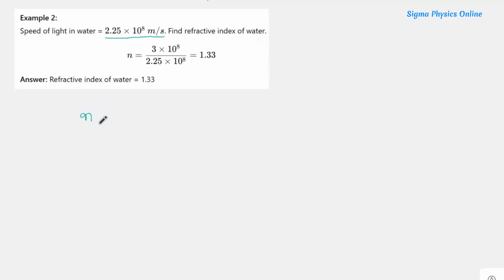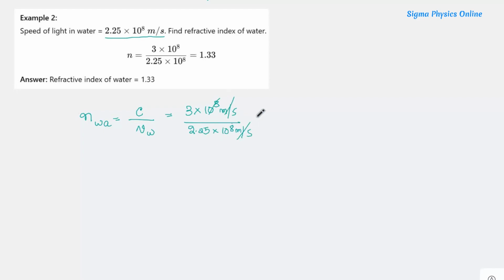We know the refractive index of water with respect to air is the speed of light in vacuum divided by the speed of light in water. The speed of light in vacuum is 3 × 10^8 meters per second. The velocity of light in water is given as 2.25 × 10^8 meters per second.